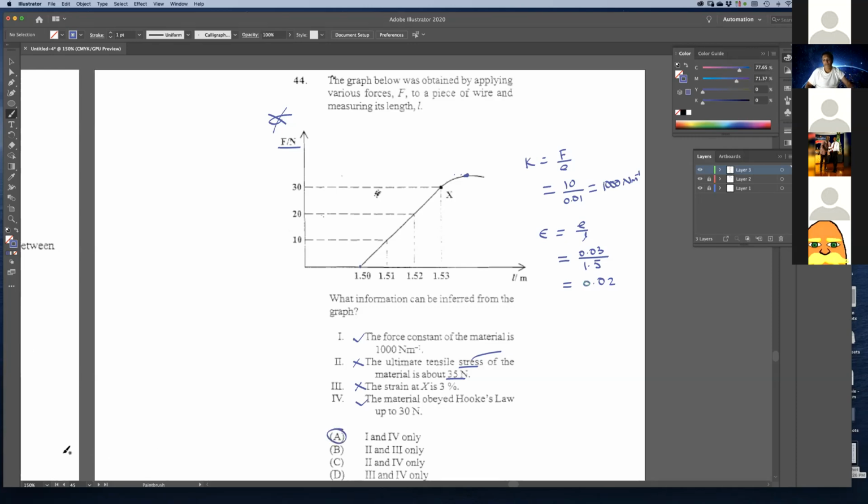Any questions? Yes, so what is ultimate tensile stress? Ultimate tensile stress is the maximum stress that any specimen can bear before it starts to yield. So if you had a graph of stress against strain, for a ductile material, the stress strain graph looks something like this.